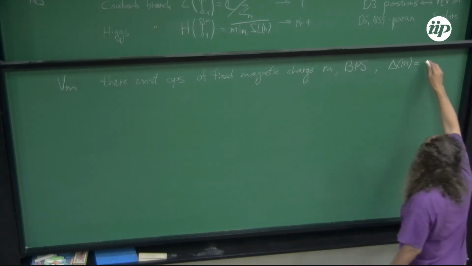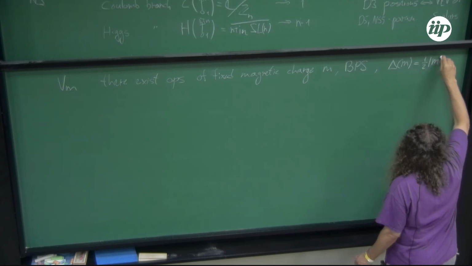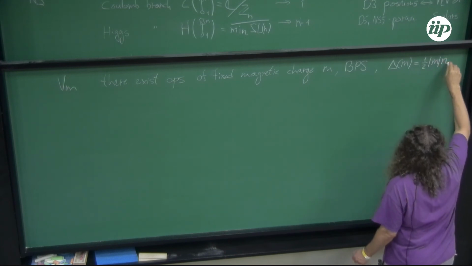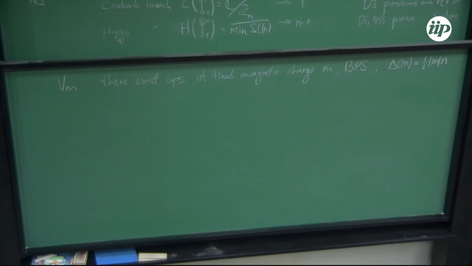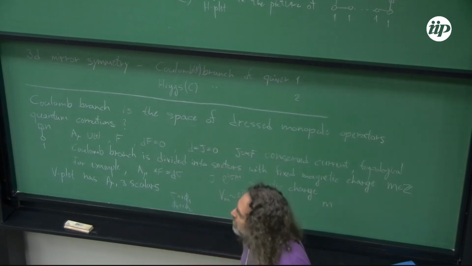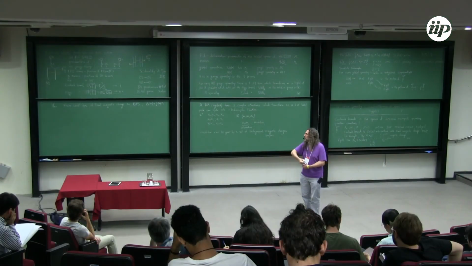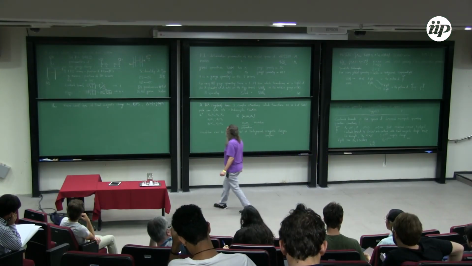Here's the computation. I'll just specify the result. So this energy naturally is proportional to the number of flavors. So it has a contribution of N. Each flavor contributes with the same amount. So this is reasonable.